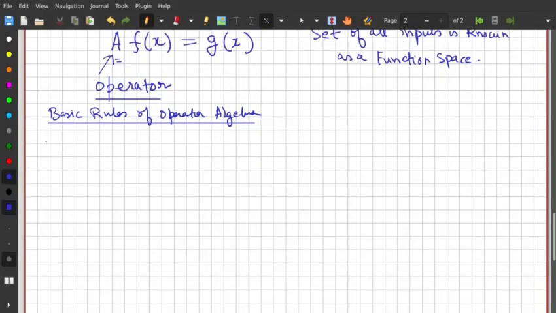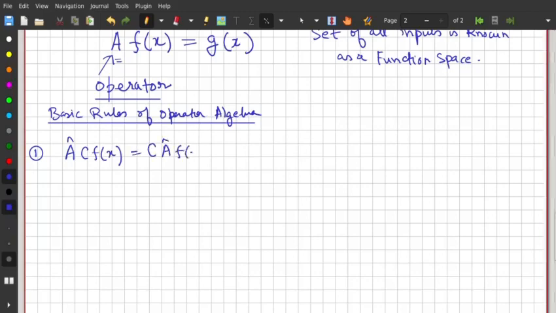So let's write down the rules. Let's say operator A hat acting on c times f of x is the same as c A hat f of x, where c is a constant.